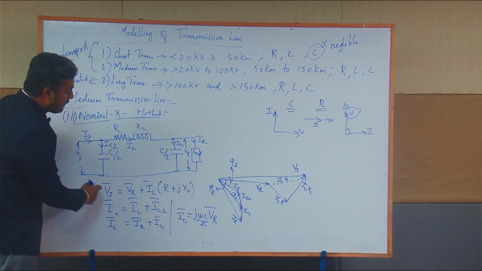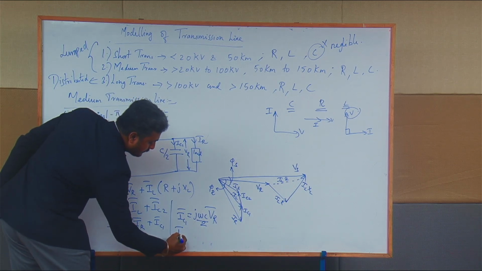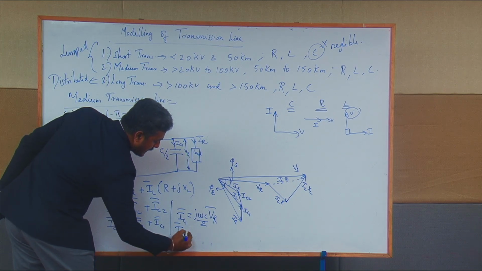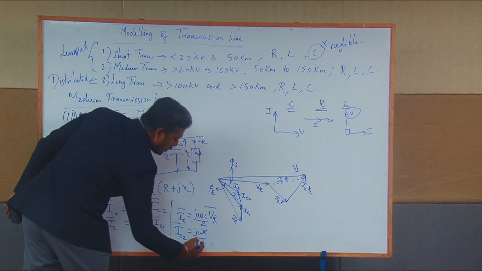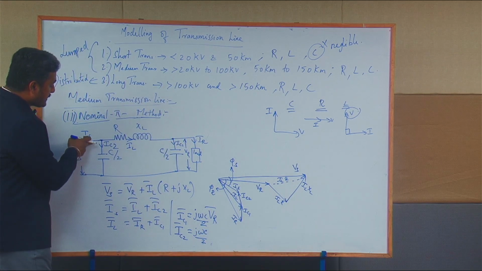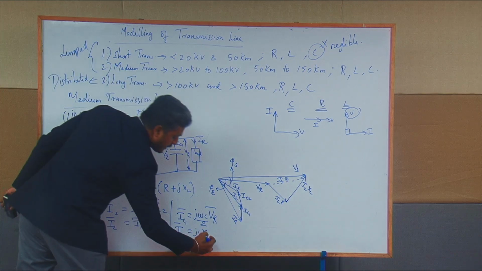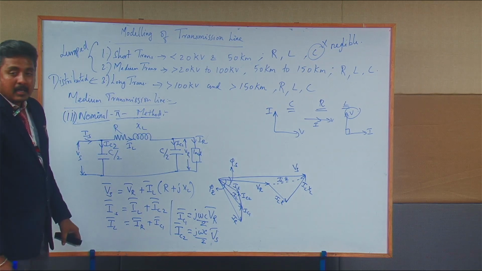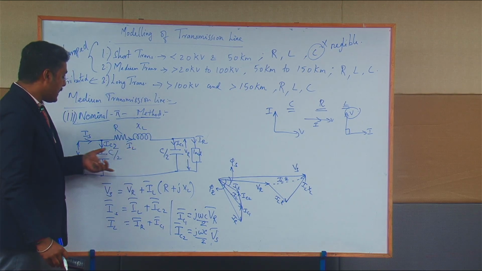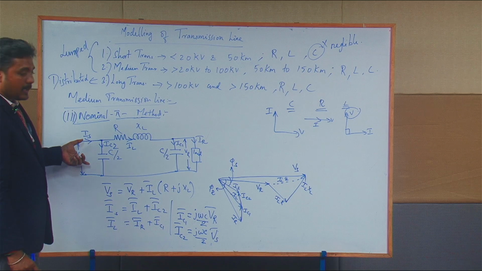And the IC2 vector is again j omega C divided by 2 into the voltage across this capacitance, Vs, that is the sending end voltage Vs vector. Like this you have to find the value of the capacitor currents IC1 and IC2.